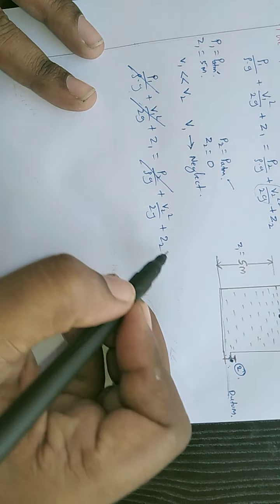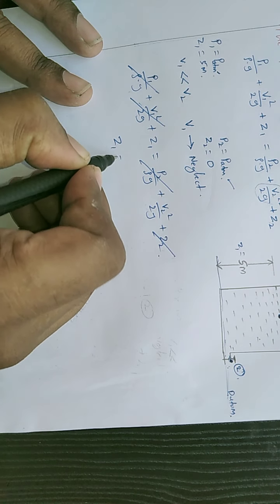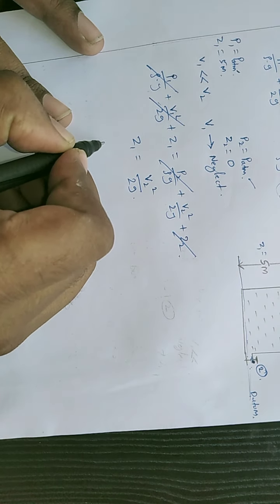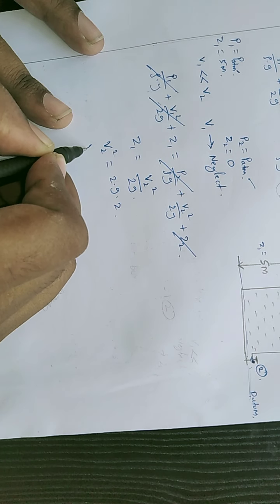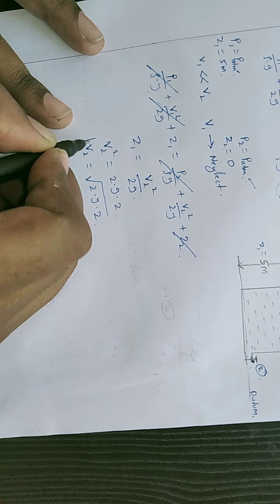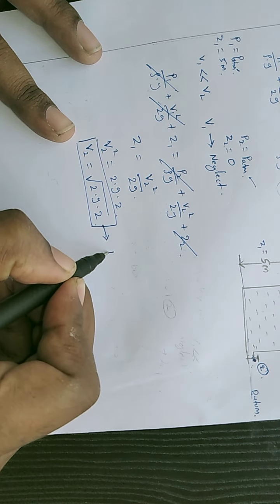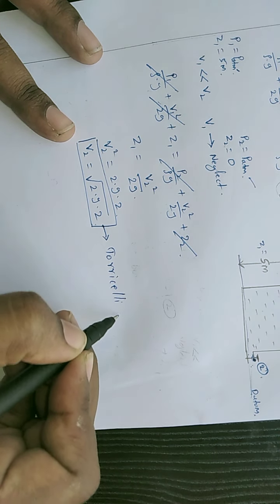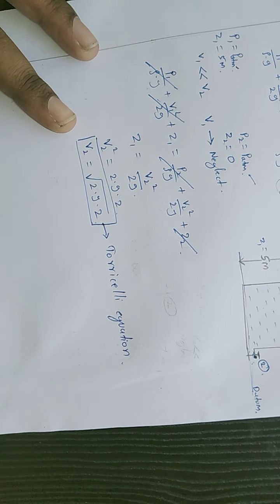Since Z2 is equal to 0, Z2 also cancels. So what remains is Z1 is equal to V2 square by 2g. V2 square is nothing but 2gZ. V2 is nothing but square root of 2gZ. This is the expression that we call, in general, the Torricelli equation.